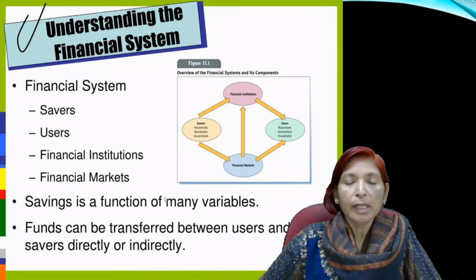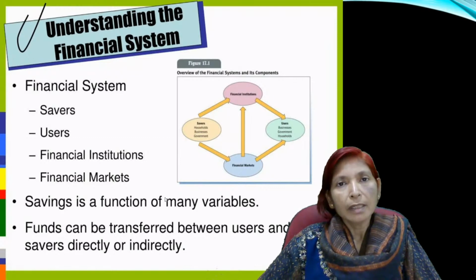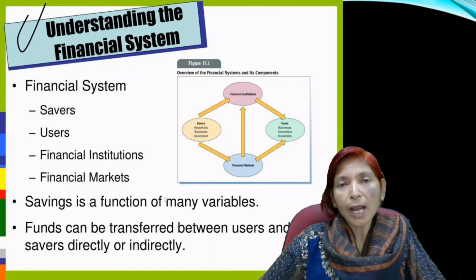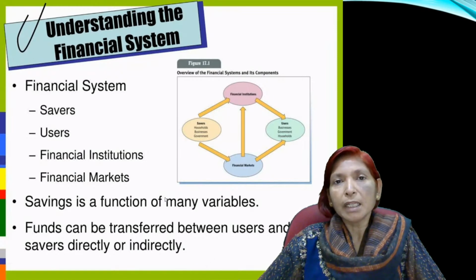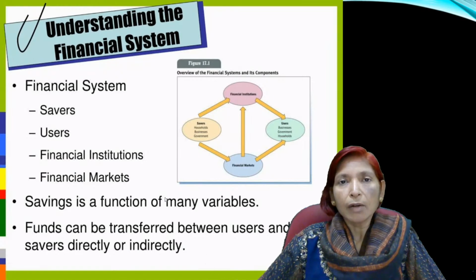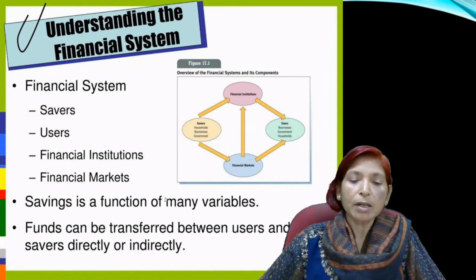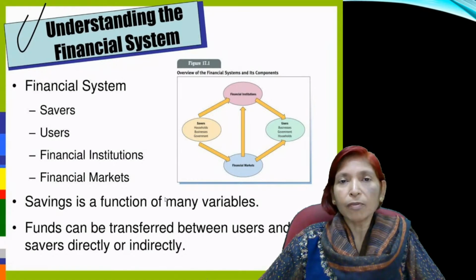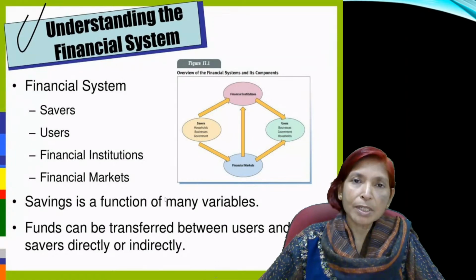Funds can be transferred between users and savers, directly or indirectly. Savers are those persons who have surplus money and are not using it. They want to save their money and get interest in return. Users are those who actually invest that money in business enterprises and in the production of goods and services.